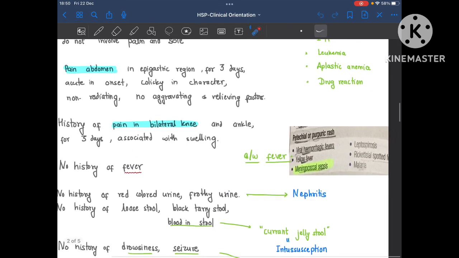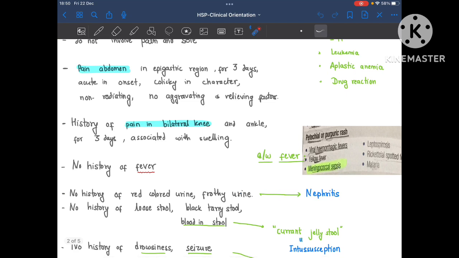Now if there is fever associated with a purpuric or petechial rash, what could be the differentials in a child? Most important is meningococcal sepsis. When there is infection caused by meningococcus, it causes meningococcal meningitis, and there is a rash appearing on the body parts, limbs.